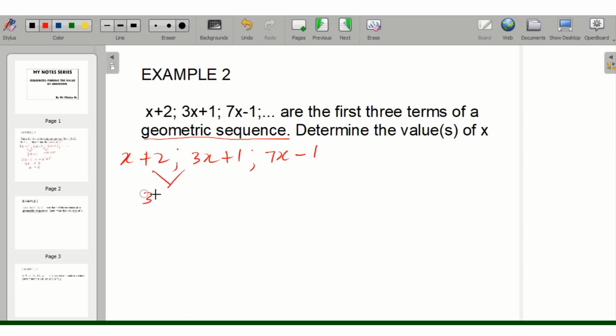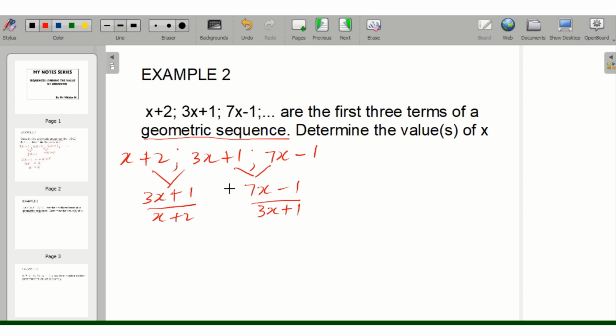And then we find the ratio. So this would be 3x plus 1 over x plus 2. And if you do the same here, you'll have 7x minus 1 over 3x plus 1.